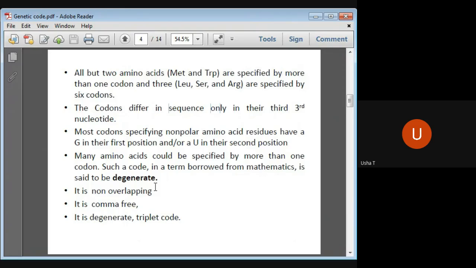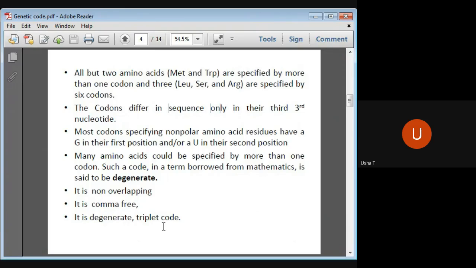Hence, it is also said that the genetic code is degenerate. We have a genetic code which is non-overlapping, comma-free, and a degenerate triplet code. Triplet because there are three bases. We'll understand why we call it non-overlapping, and we'll also understand why it is called comma-free. So these are the salient features of the genetic code.